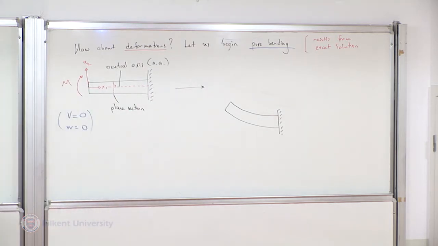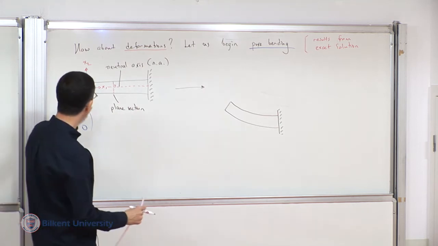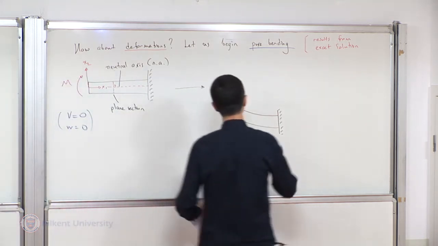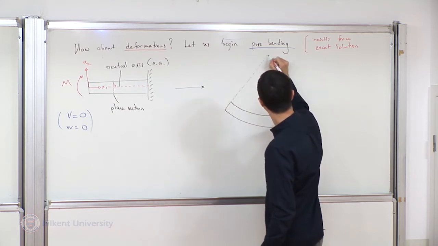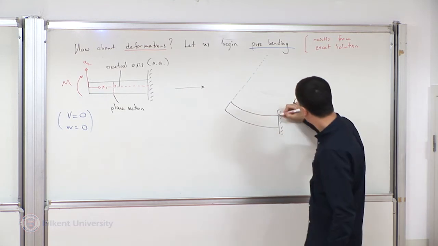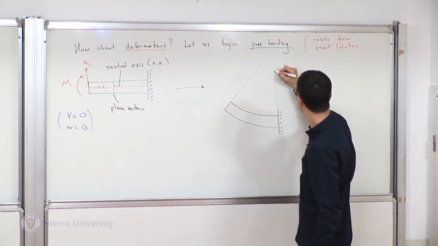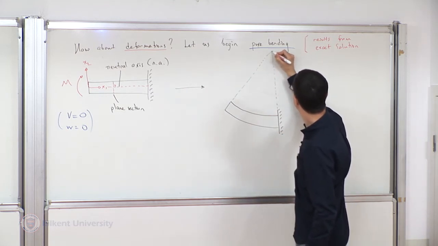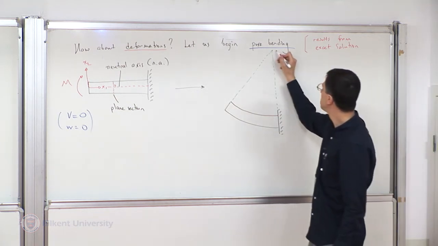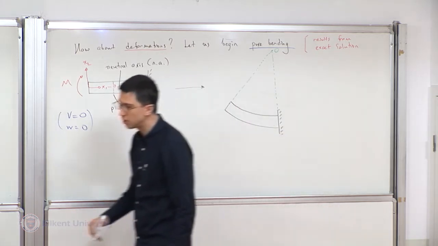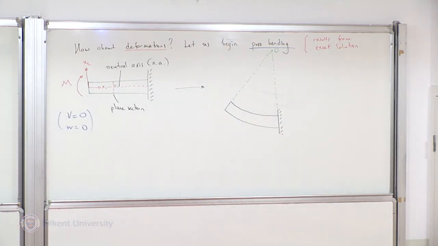Now, the special thing about this deformation is that under pure bending and loading, this thing deforms in such a way that if I draw a line from the end, and I draw a line from here as well, these lines meet at a center, which we called just generically O in ME231 as well.